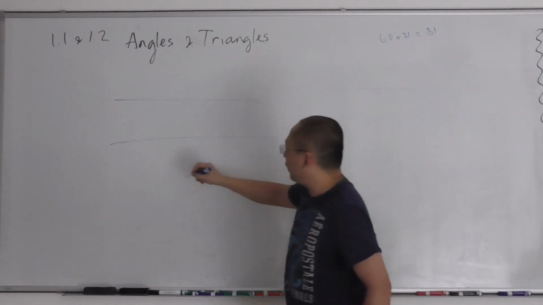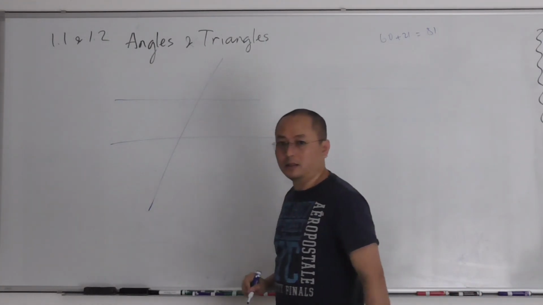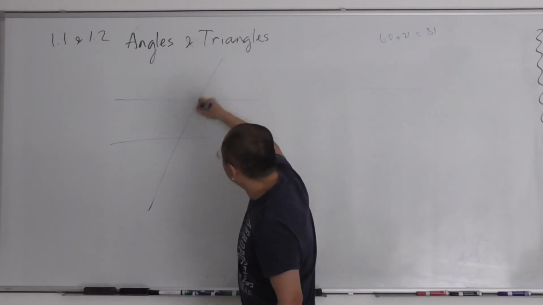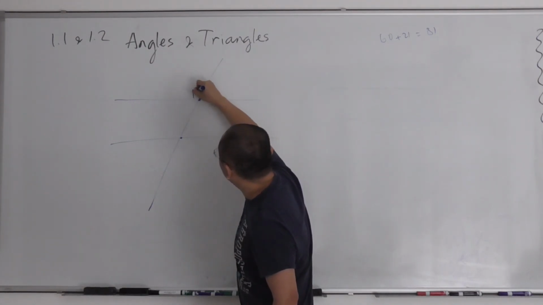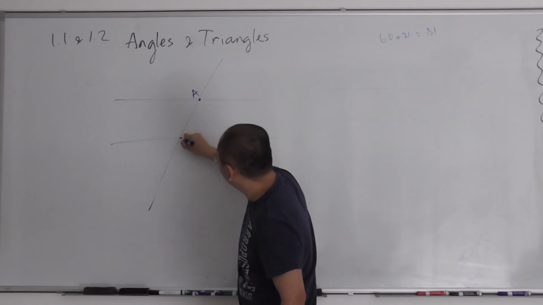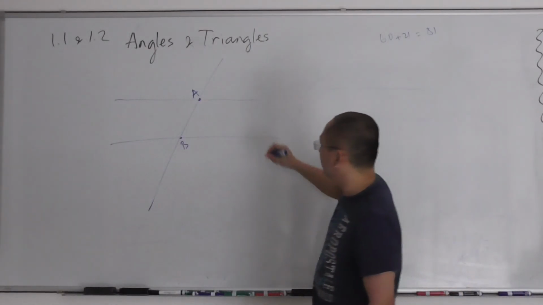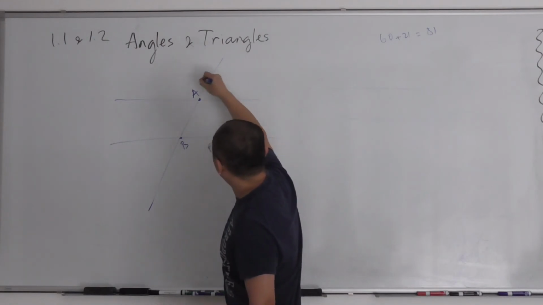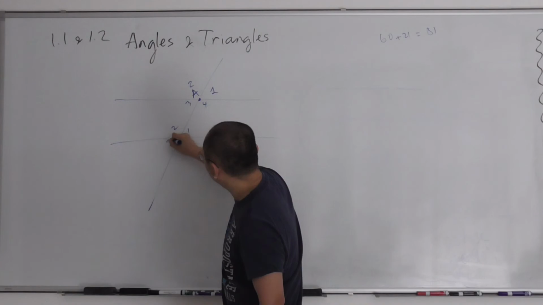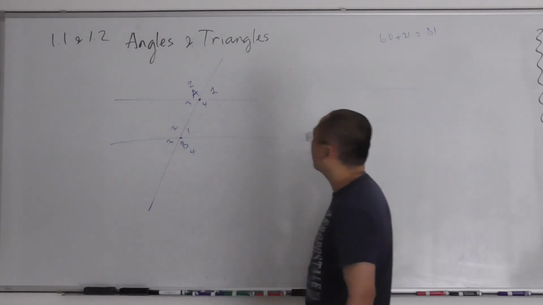And then what if I have a third line that intersects both lines at 2 points? Let's call this point A and this point B. I have a bunch of angles created by the 3 lines. Let's label them 1, 2, 3, 4 and 1, 2, 3, 4.